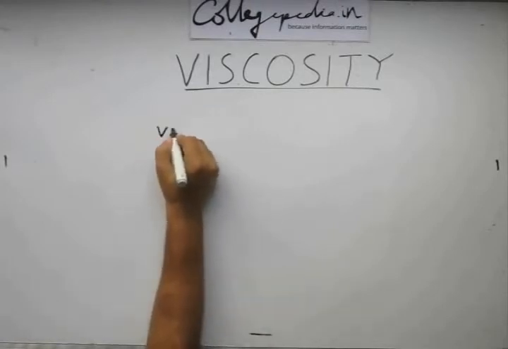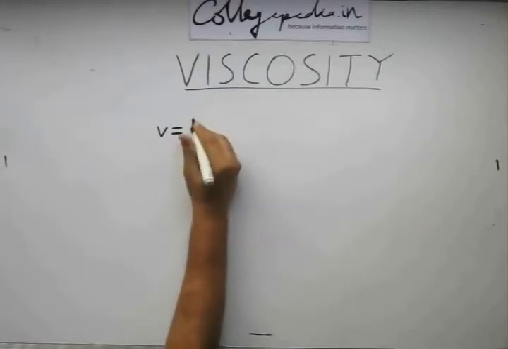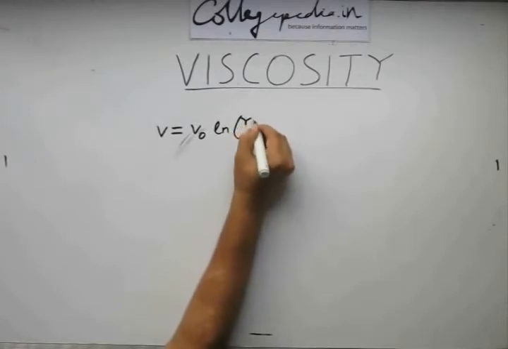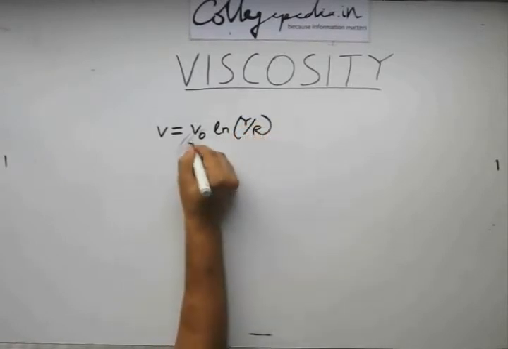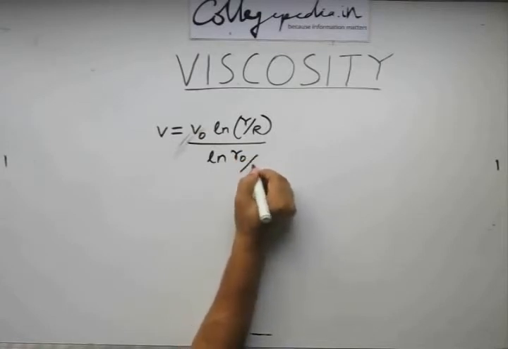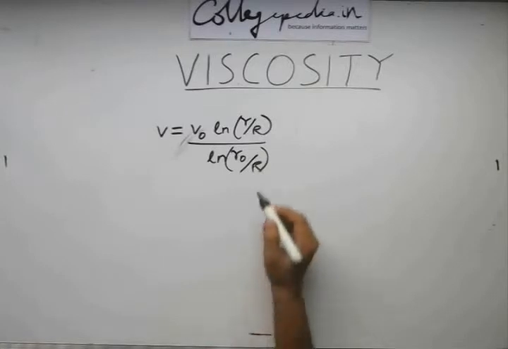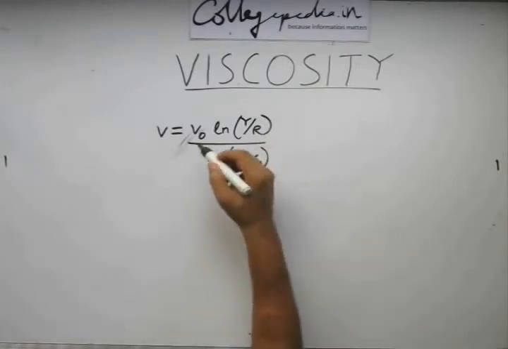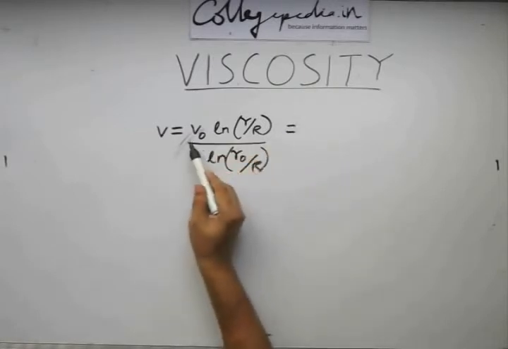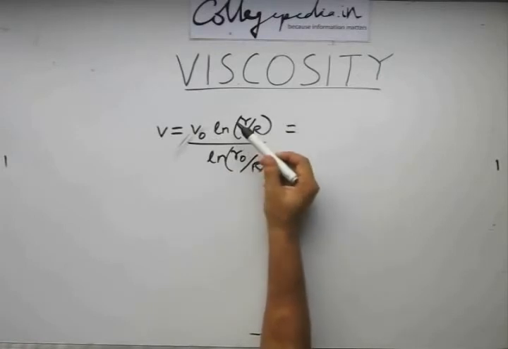We have V being equal to V naught into ln of r by R divided by ln of R naught by R. If we look at it in terms of mathematics, we will be having this part of the equation as a constant and this is a variable function.